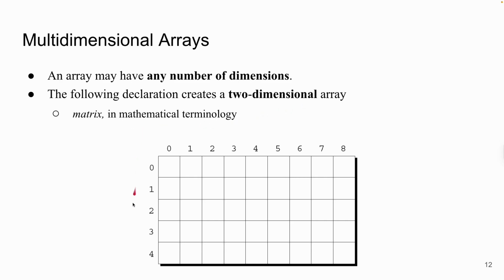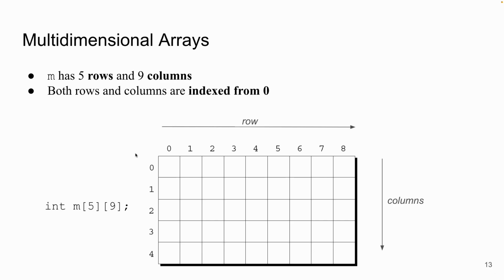We can imagine a 2D array as something like this, and in mathematics we call it a matrix. I believe if you graduated from senior high school, you learned the concept of a matrix, yes? So matrix is actually a 2D array in C. We can use a 2D array in C to represent a matrix.